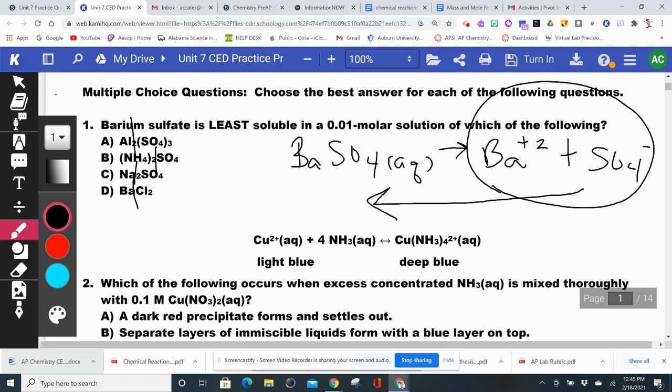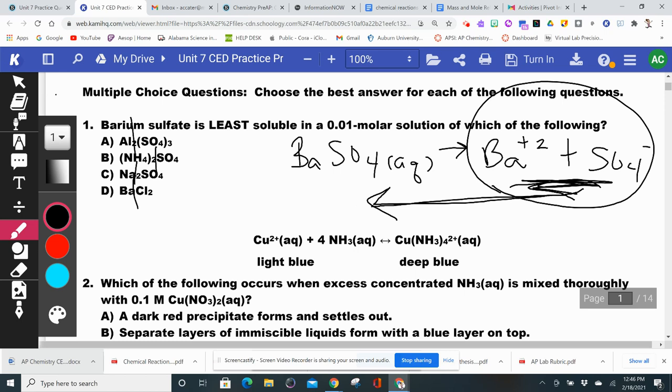What do you have on the right side? What 2 things do you have on the right side of this equation? Barium and sulfate, right? So if you added either one of those 2 things, that would be an example of Le Chatelier's principle. We're adding more product, which is going to make the reaction go back to the left, right?